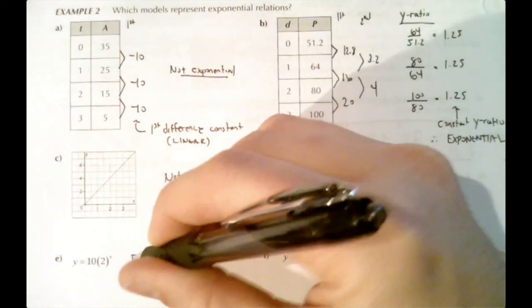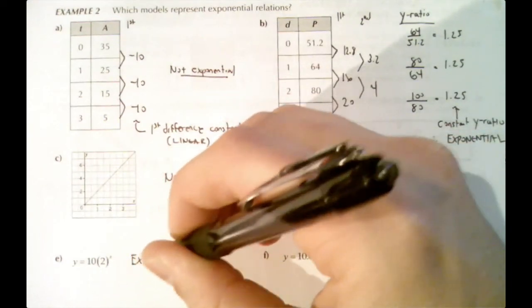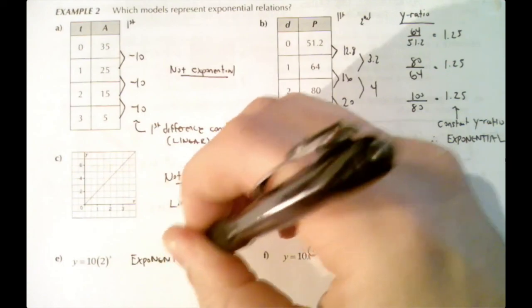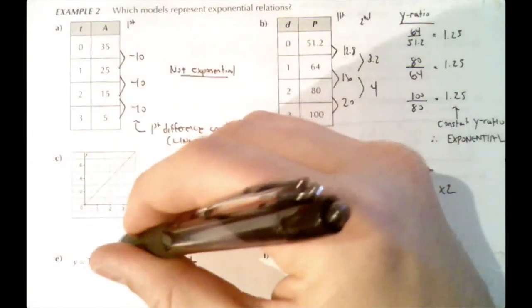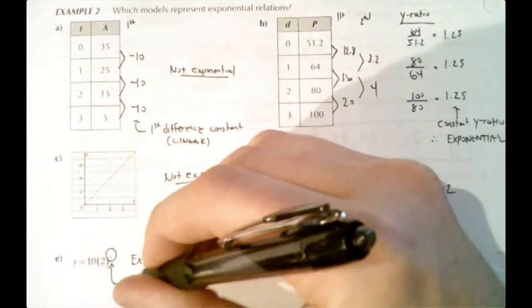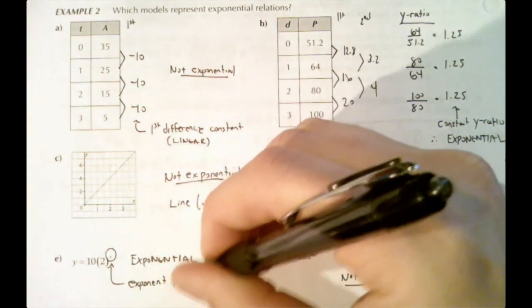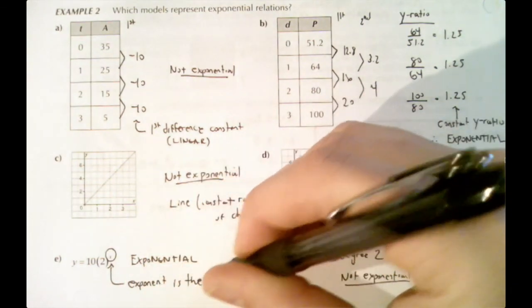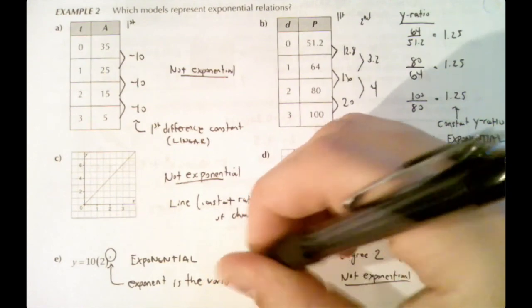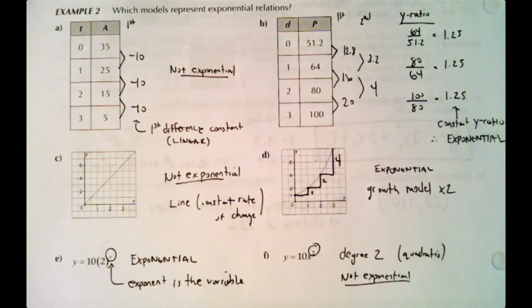But this one is exponential. Why? It's because of the exponent. The exponent is the variable. If you have an exponent that's the variable, you have an exponential model.